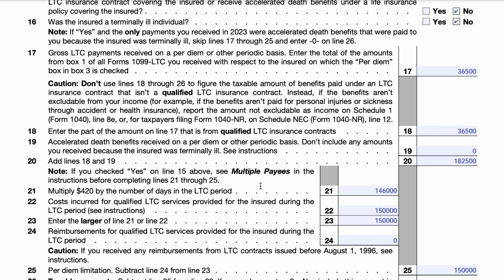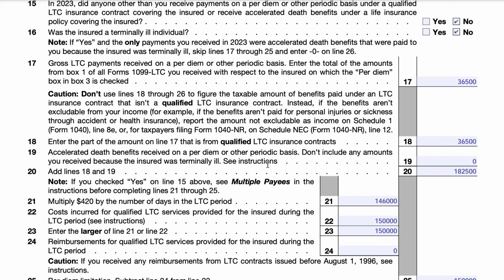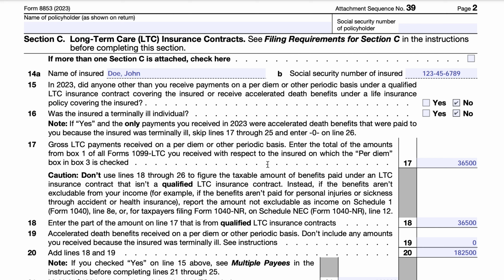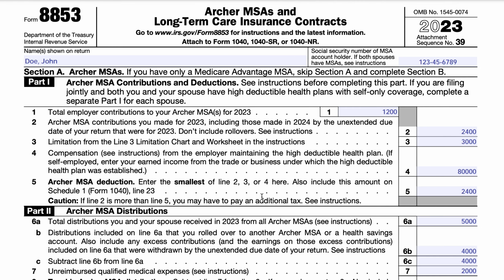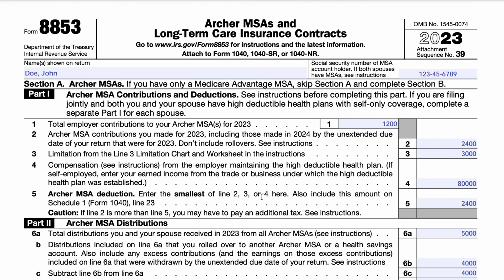And if your long-term care insurance contract paid you more than that tax-free rate, then you're going to pay taxes on the difference. So that's generally the basic principle. I don't see that happening to a lot of taxpayers based on my experience with long-term care insurance contracts, but it is possible. So those are the three sections of IRS Form 8853.